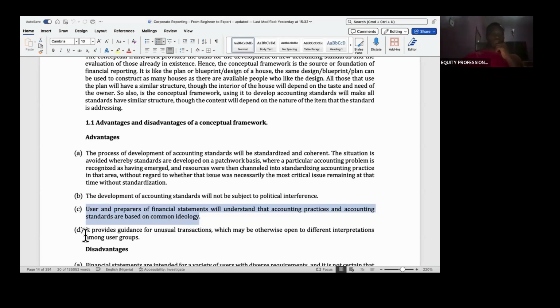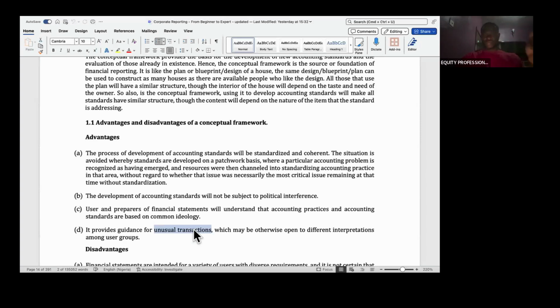Number four, it provides guidance for unusual transactions. It's not uncommon that there would be transactions that we have not seen before, new transactions that we don't know how to treat, that we don't have an IFRS for. Like when cryptocurrency just came up and companies started buying into it, a lot of accountants didn't know how to treat it because it's an unusual transaction. It's not something we're used to, a digital asset, right?